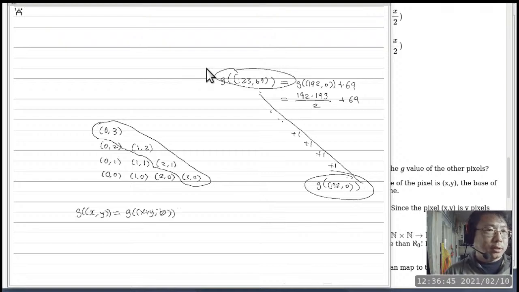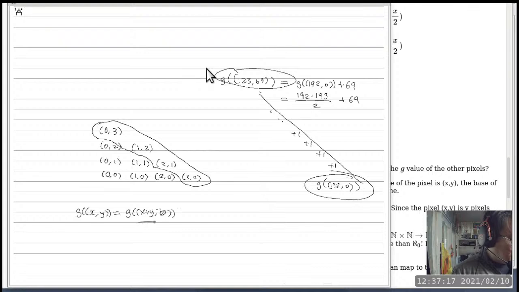Because the diagonal line extends on, if you go down, it also goes to the right hand side. So the number of steps we have to get down to the base is the number of pixels we have to move to the right hand side, and that's why we add y to x, to become the actual x coordinate of the base of the diagonal line. And because it is at the base, the y value is 0.